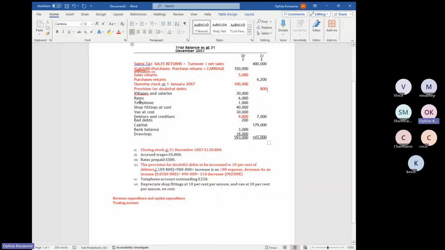Accrued wages. So here, if there's an accrual, it means these wages were not paid. So the examiner will award you for being aware that the amount of 5,000 is not included on the trial balance. So the examiner will award you a mark for knowing that 30,000 plus 5,000 equals 35,000, our accrued wages, which we need here.